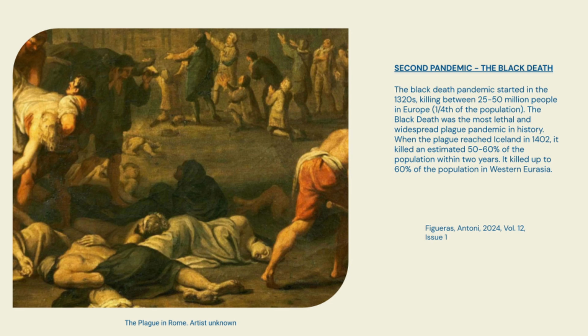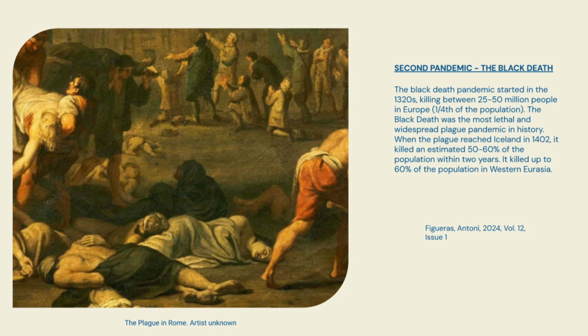All right, the second pandemic was probably the most infamous, known as the Black Death, which started in the 1320s, and it killed somewhere between 25 to 50 million people. Some people speculate it may have been even more than that, but there's no way of knowing for sure.